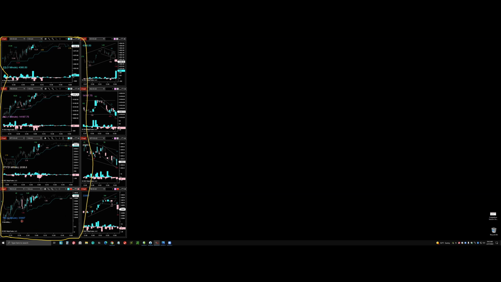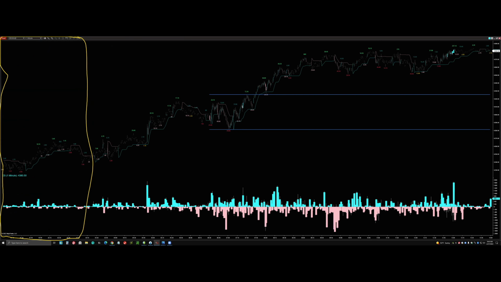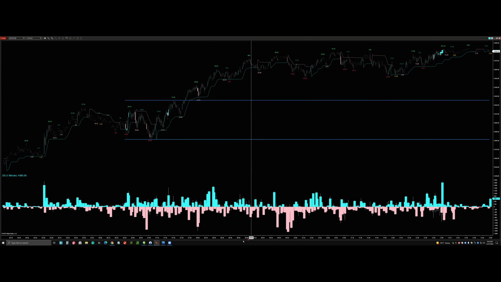The main thing we are looking for here as traders in general, but certainly as scalpers, is the relationship between price and the volume. And this is just wave volume. This is a simple Wyckoffian tool.